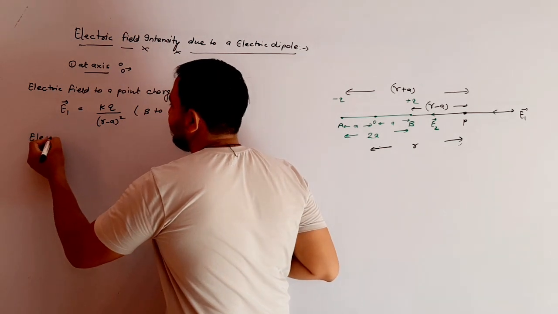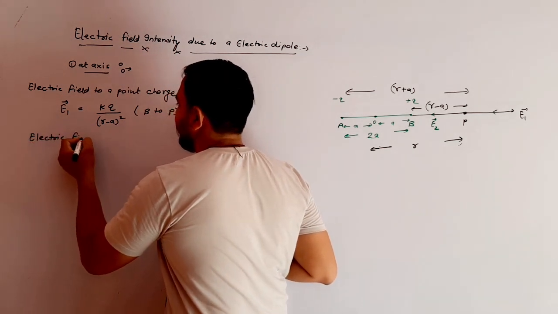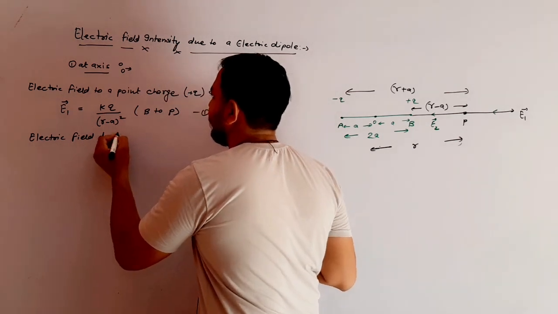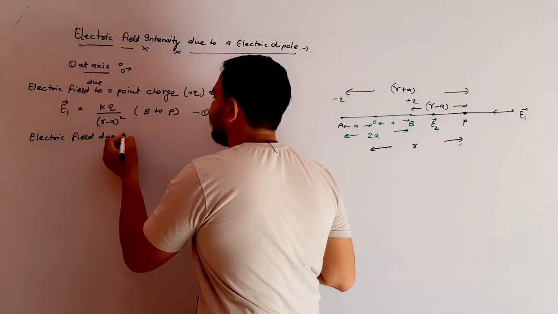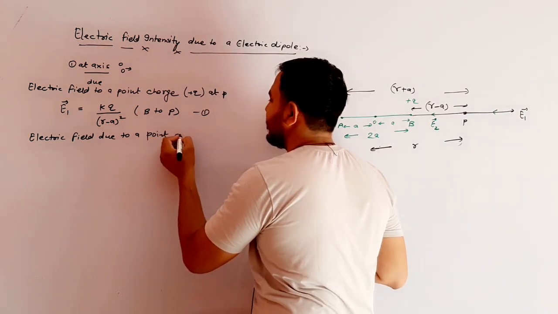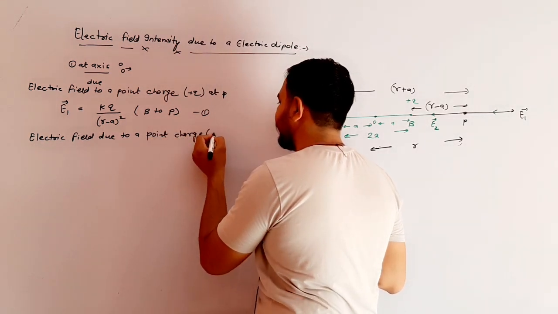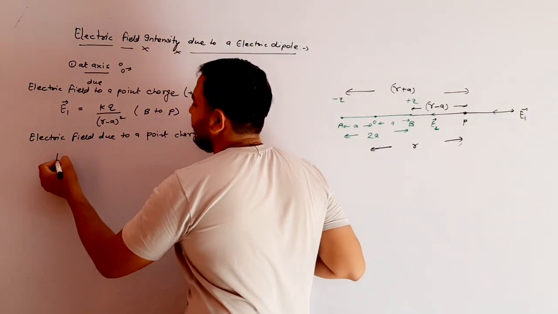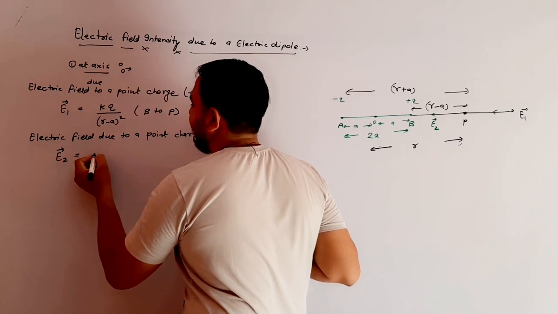Electric field due to a point charge which is -q at P, E2 vector.